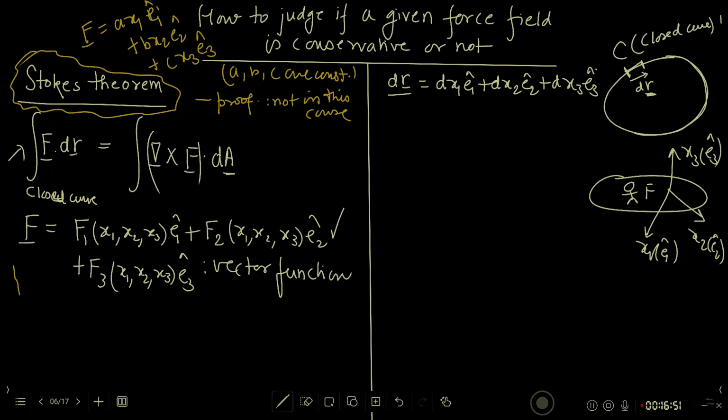So you take this F dot dr and integrate it along this closed curve. This can be called a line integral. The left hand side is a line integral. Stokes theorem proves that this is going to be equal to an area integral.